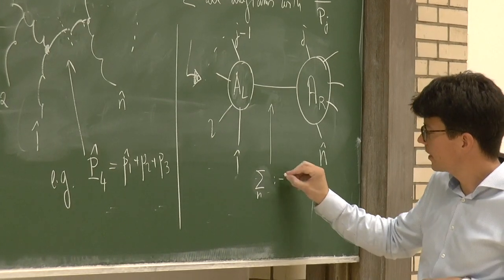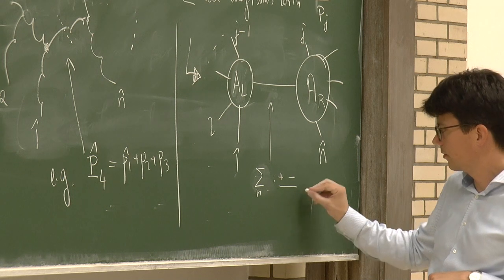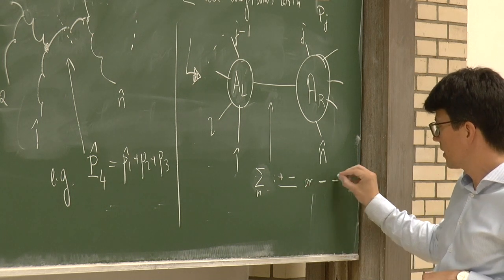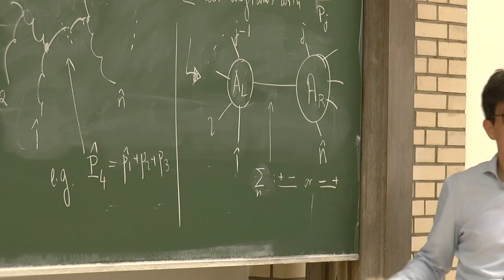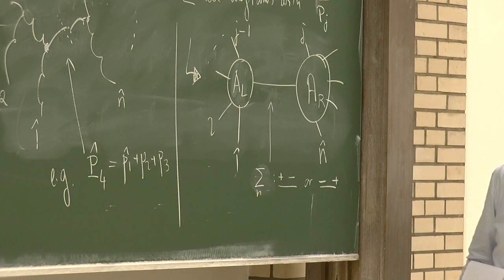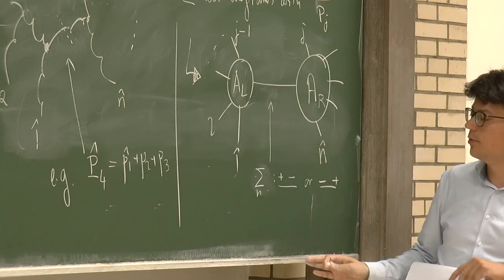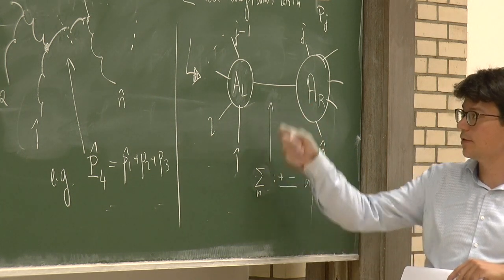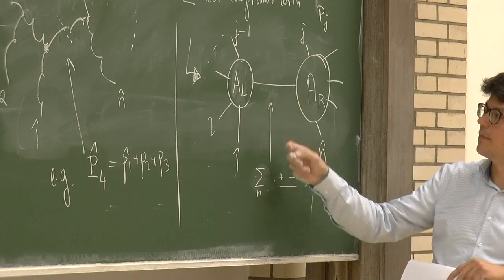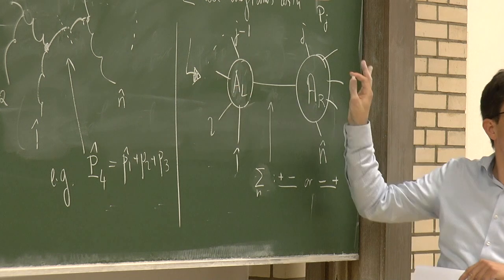This means you could have either a plus-minus helicity configuration or a minus-plus helicity configuration. So the full factorized formula tells you that on this complex pole, you get a sum over helicities of the internal line, and what's summed over is this product of the amplitude on the left and the amplitude on the right.